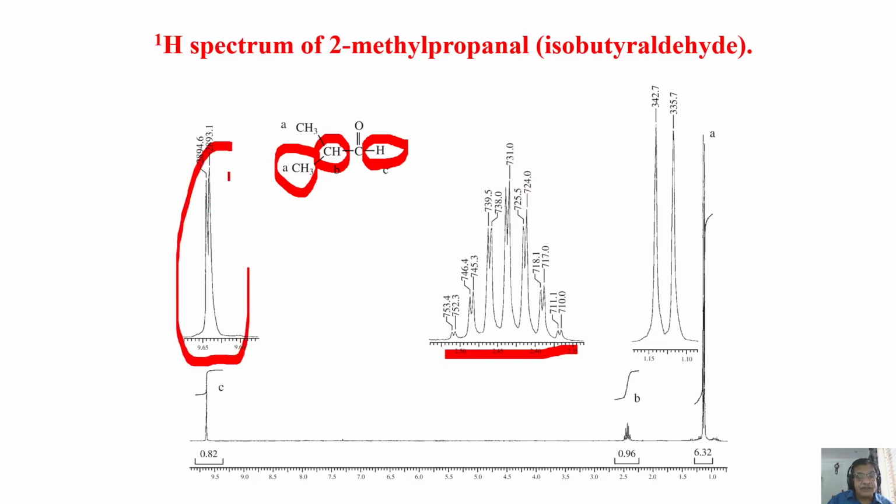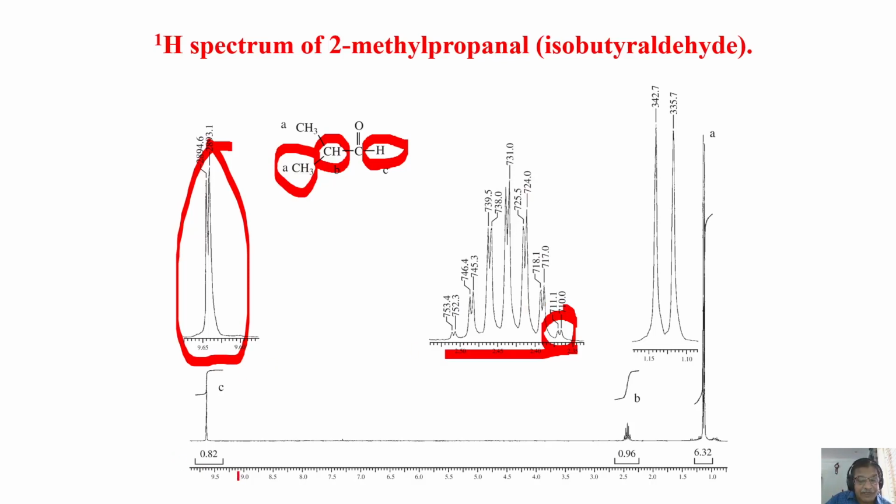I will come to the spectrum of that later. Now we will look at this one. This has to couple to this, and as a consequence, each line of this quartet will be a doublet. You understand this?